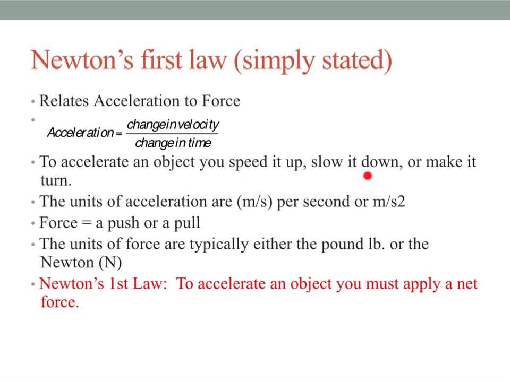We can change how fast the object is going by speeding it up or slowing it down. Or since velocity is a vector, remember vectors have a direction, we can make it turn. We can change its direction.